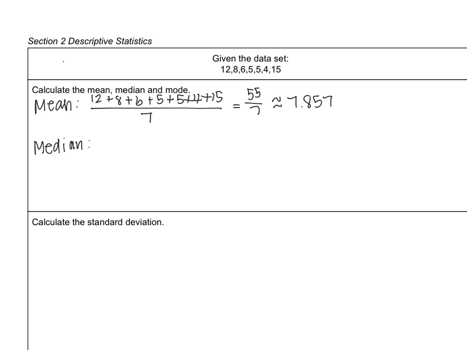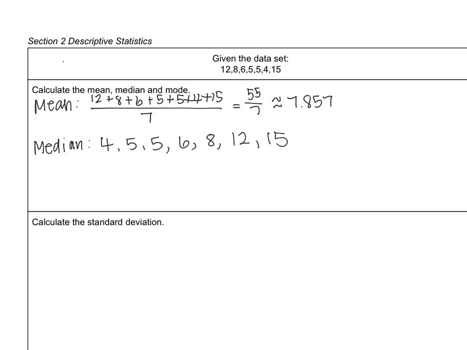So median is the middle of your data set. In order to find the median of a data set, you have to list it in order. So my first step is going to be to relist all of my values in order: 4, 5, 5, 6, 8, 12, 15.